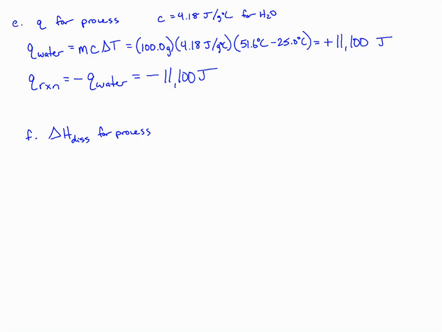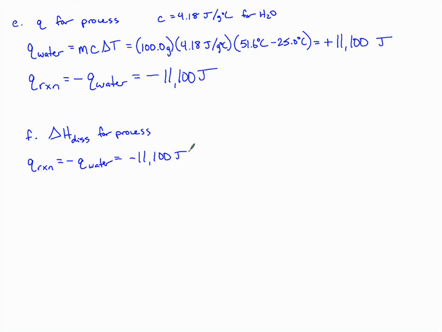In part F, it says calculate delta H of the dissolution for this process. And the process being sodium hydroxide solid becoming sodium hydroxide aqueous. So like we just wrote above, the Q for this process is the negative Q of the water. And so we have negative 11,100 joules.